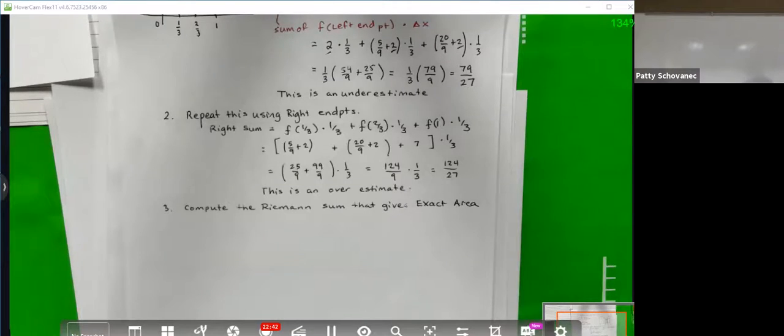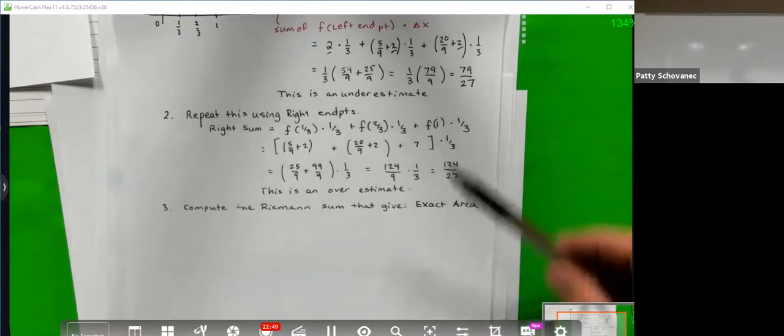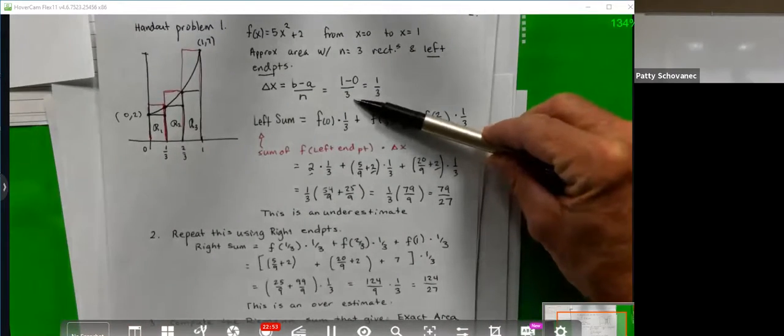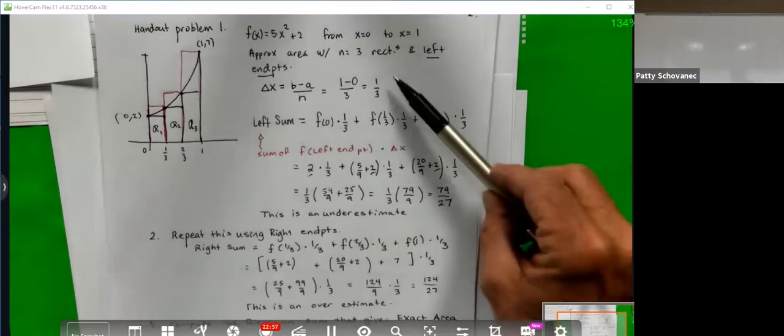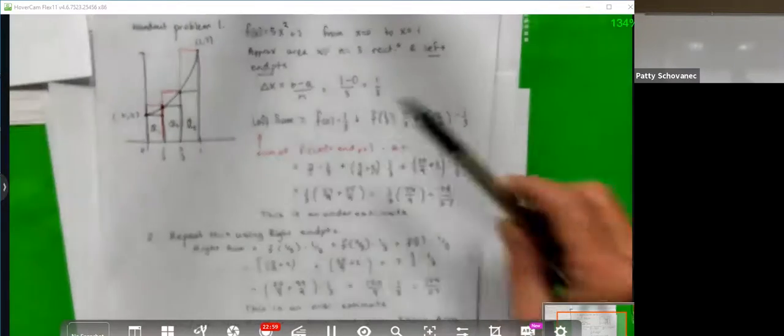So our first step is to compute delta x in terms of n. All we got to do is go back up here and replace the 3 with n. We're going to do n rectangles. So our delta x is b minus a over n. It's going to give me 1 over n.